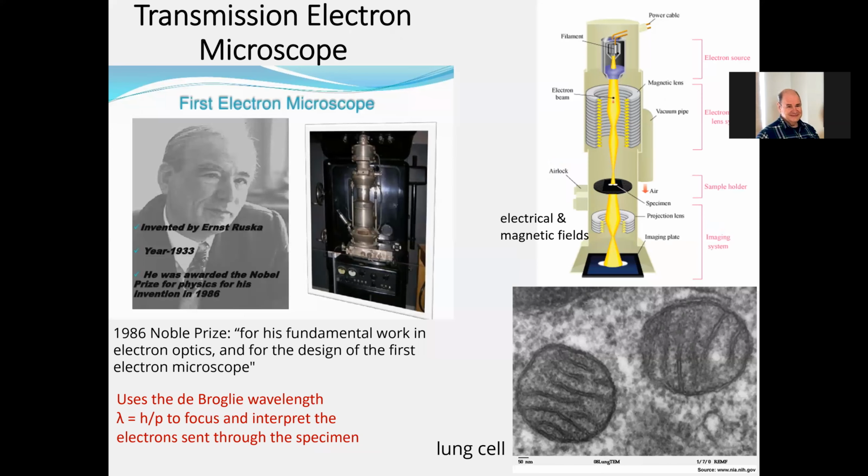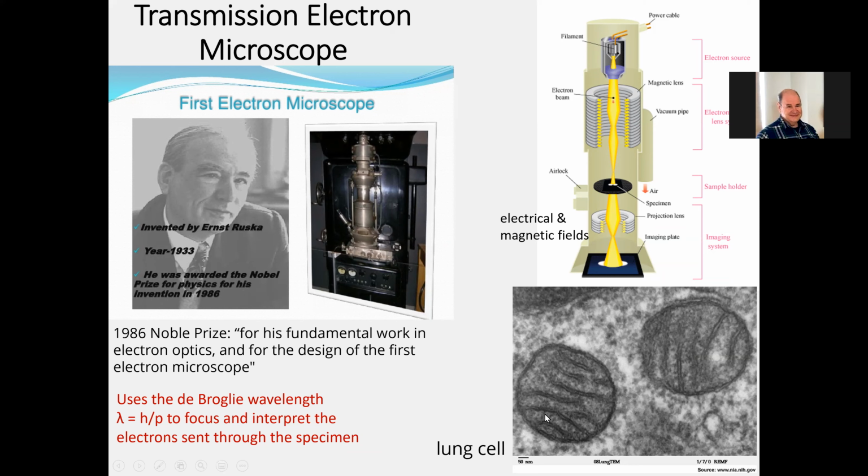And just to stop here, this is the fundamental principle, of course, of one of two types of electron microscopes. This is the transmission electron microscope, where we send electrons through a sample of known energy, therefore of known momentum, therefore of known de Broglie wavelength, and we can focus those using that wavelength, setting up electrical and magnetic fields, treating them just like waves, bending electrons the way light would bend, given that de Broglie wavelength, and sure enough, you get incredible focused pictures.